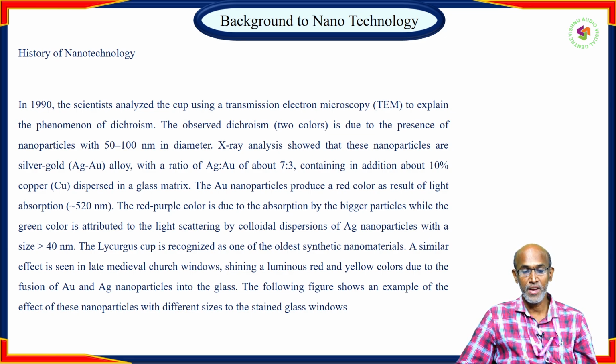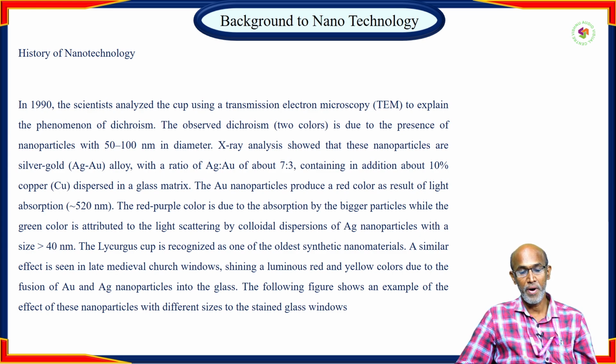The observed dichroism is due to the presence of nanoparticles with 50 to 100 nanometer diameter. X-ray analysis showed that these nanoparticles are silver-gold alloy with a ratio of about 7:3. That is 7 parts of silver and 3 parts of gold, containing in addition about 10% copper dispersed in a glass matrix.